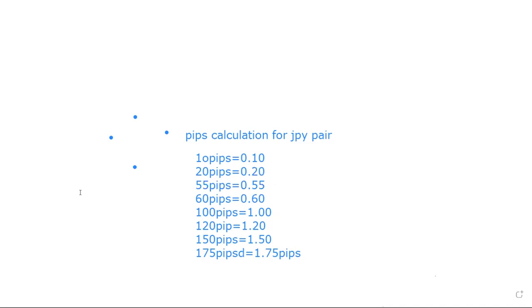So let's say, for example, just go on your MetaTrader. Let's take a trade on USD JPY. Go on USD JPY and just click buy. Just buy, don't worry. Just click buy by market.